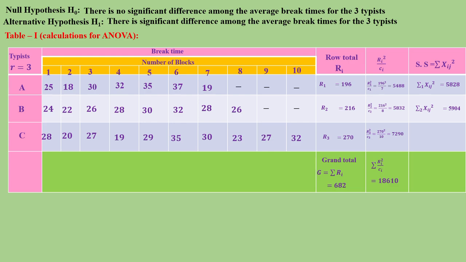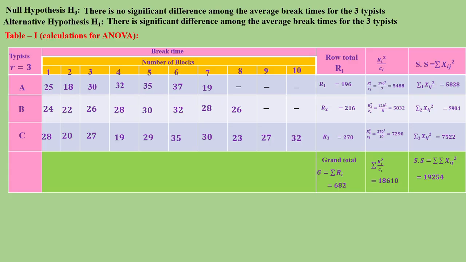Then third one, 28 square, 20 square plus 27 square plus 19 square etc, you will get 7522. So adding all the sums of squares, you will get the total sum of squares of this data, that is summation xij square equal to 19254.